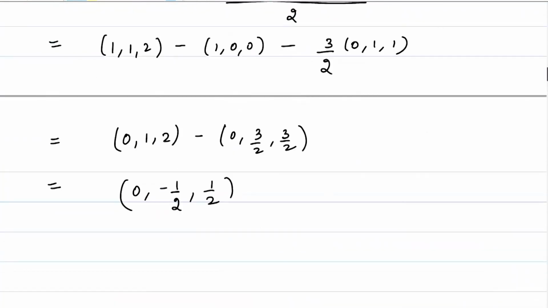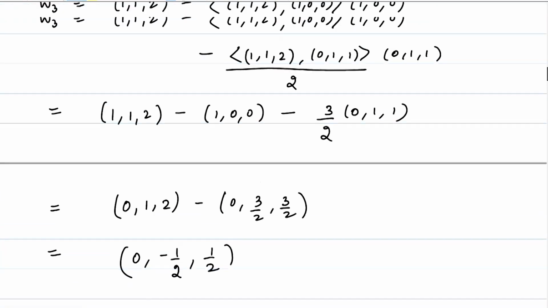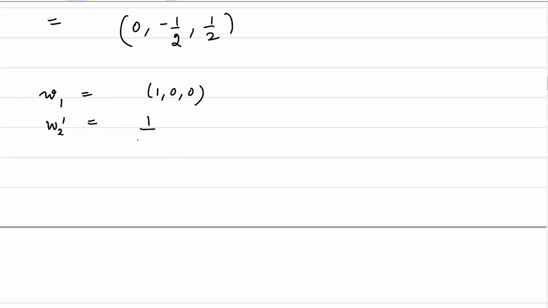So what will be our orthonormal basis? W1, after normalizing, is just going to be (1, 0, 0). W2 prime is (0, 1, 1), and after normalizing it will be 1 by root 2 times (0, 1, 1). This is W2, which is W2 prime divided by the length of W2 prime.